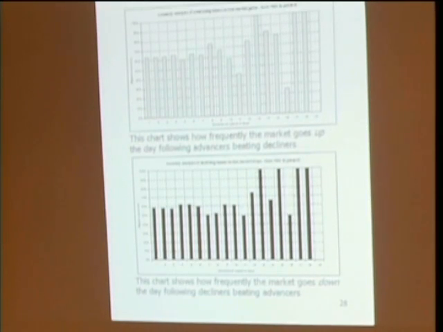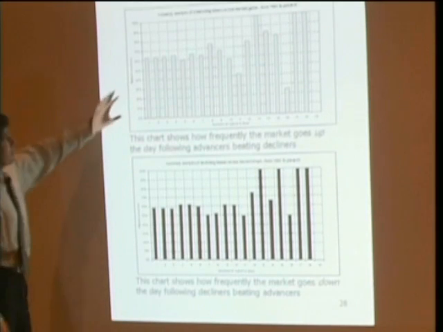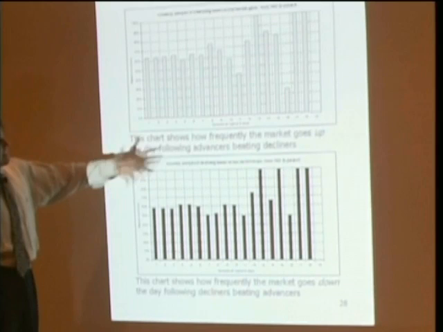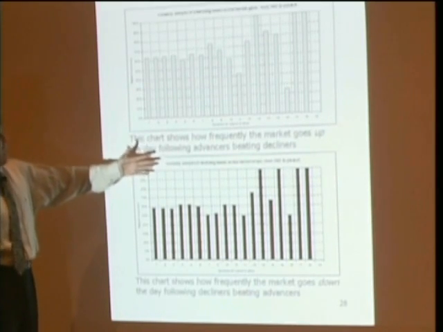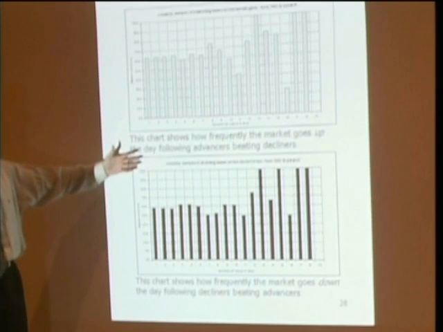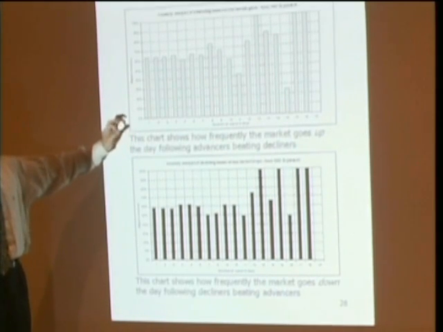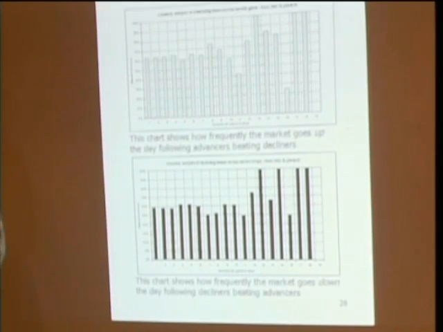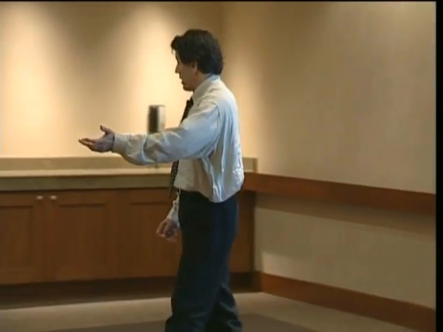What this chart shows, I don't know how well you can read it in your manual. I got some additional data after the first test that I did back to 78, and found data all the way back to 1965. So now we're dealing with about 40 years' worth of data.